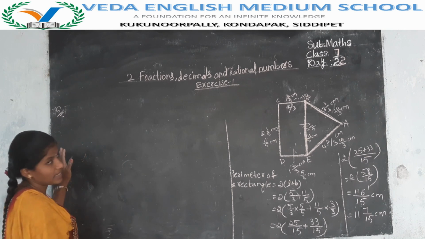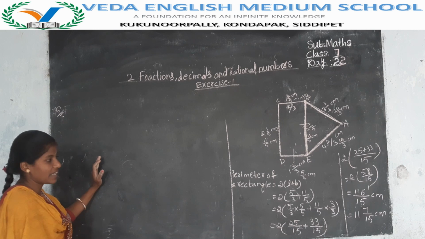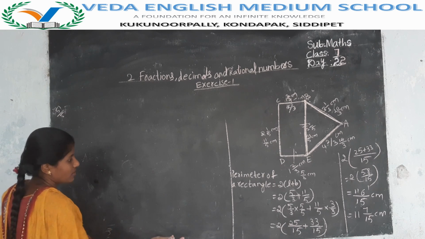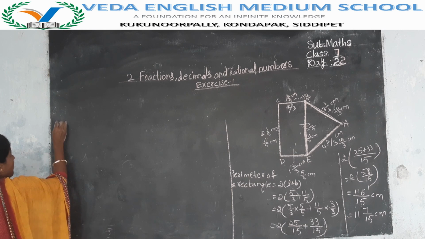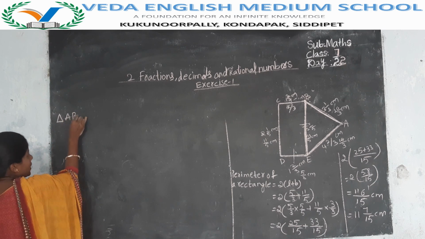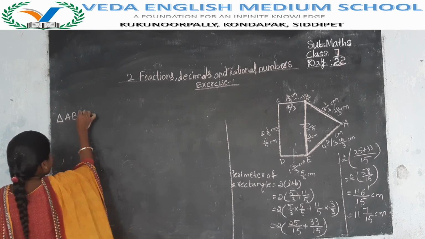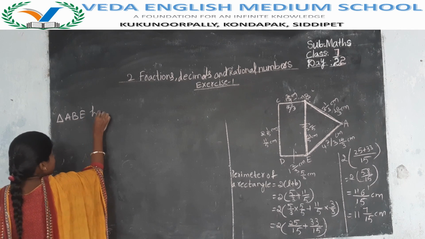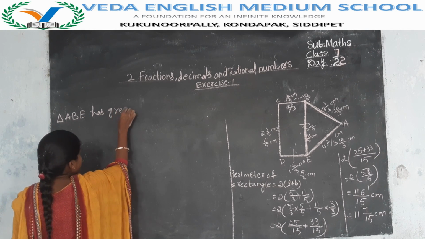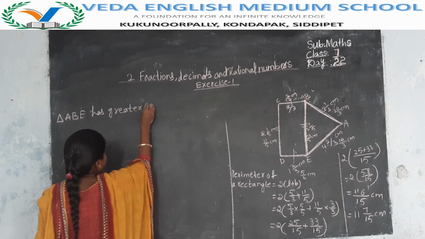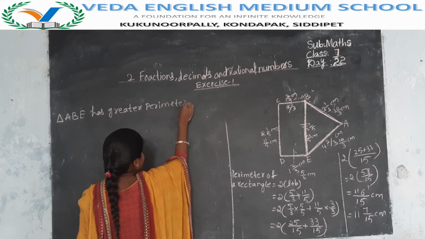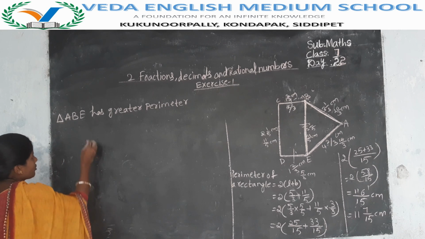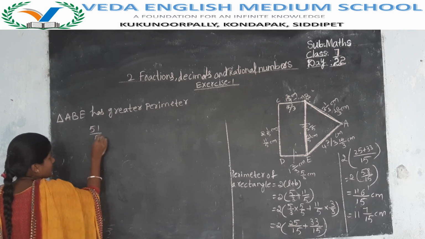Now we have to subtract triangle perimeter minus rectangle perimeter. For the triangle we got 51 by 5.